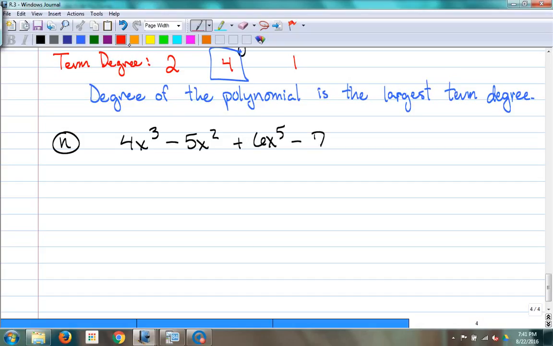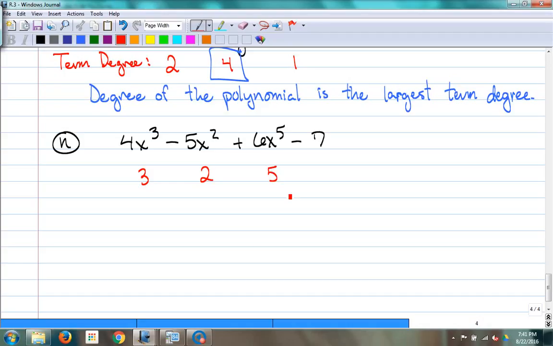This one's even easier, because if I look at the degree of each term, what's the degree of the first term? 3. There's only one variable to look at, and I only look at the exponent on that variable. The exponent on the x is a 3. What's the degree of the second term? 2. It's the exponent on the variable. What's the degree of the third term? 5.